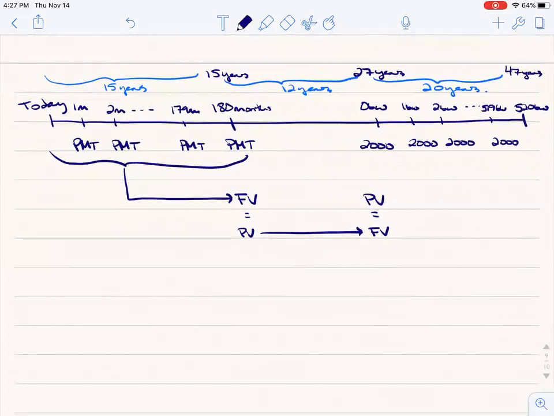And these are all going to funnel back to this present value. But because this is an annuity due, I'm going to change this to a present value due. Right, just to highlight.